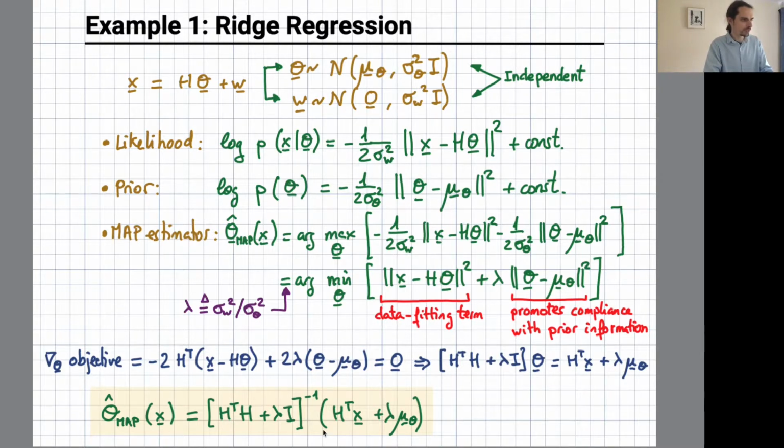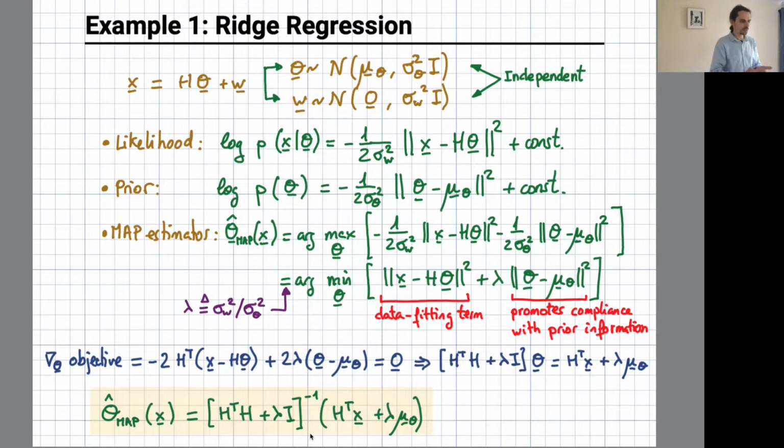First of all, we need to draw connections with what we discussed in the first part of the course. Specifically, if we set lambda equal to 0, what we recover here is the least squares estimator. Does that make sense?